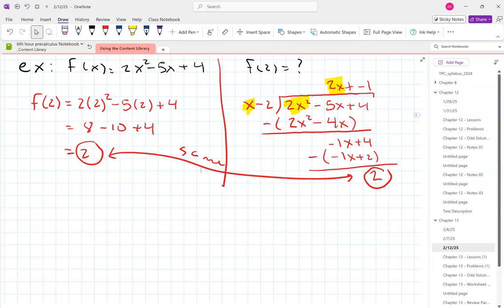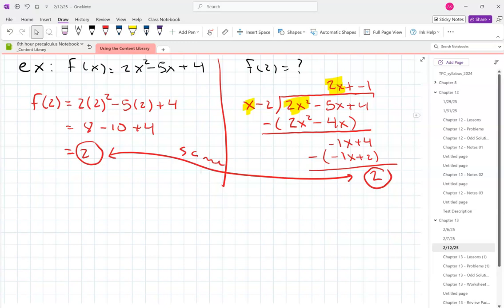Like remainder 5, remainder 12, remainder 1, not 2, not 5. 0. Very good. Why are we concerned about remainder 0? Because what that's going to mean is that number was a factor.